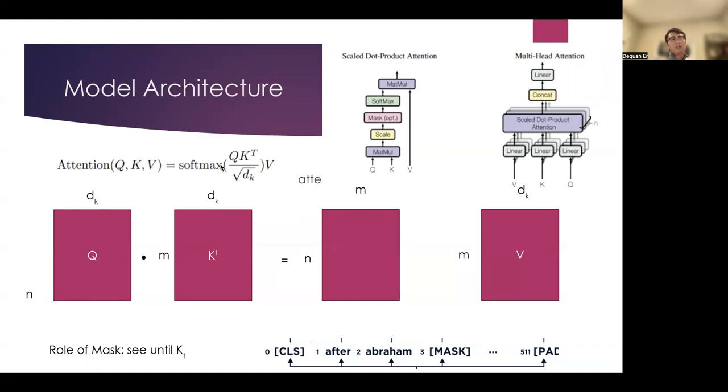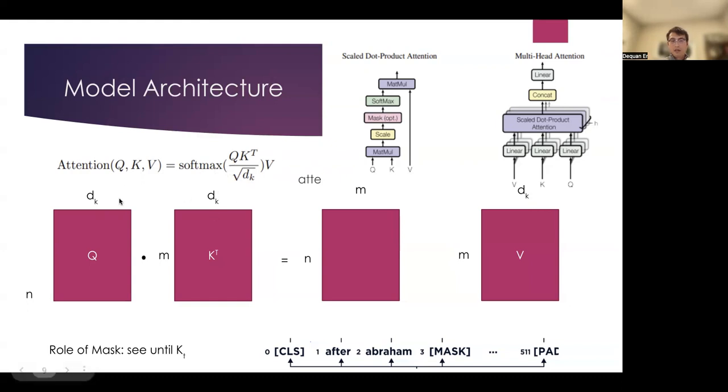And one problem for softmax is that when the input is positive or negative infinity, the output is very close to the 0 or 1 side, and it's very hard to distinguish. So you have to scale it down by dividing by the square root of dk. And then you normalize it with the softmax.